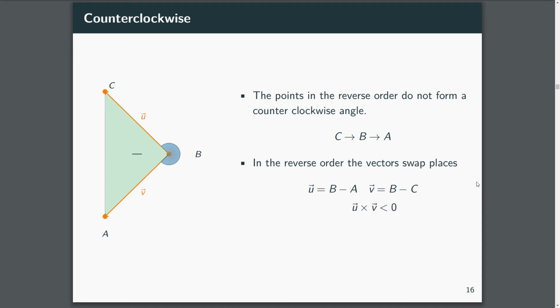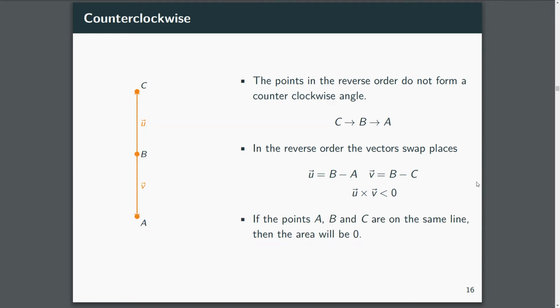So if you flip it around, if you go from C to B to A, then you take a clockwise turn. The value would therefore be negative. And in the case of 0, the 3 points are collinear, on the same line.